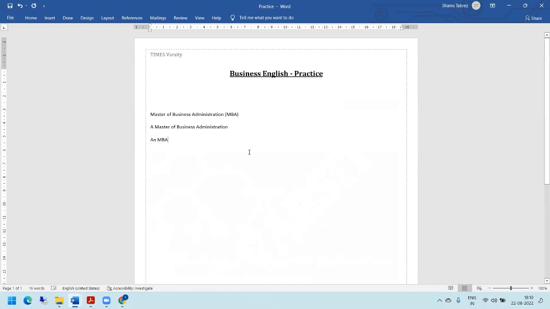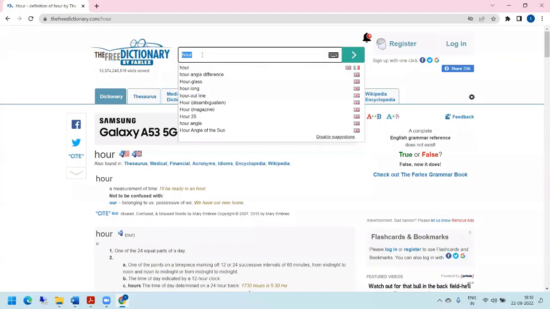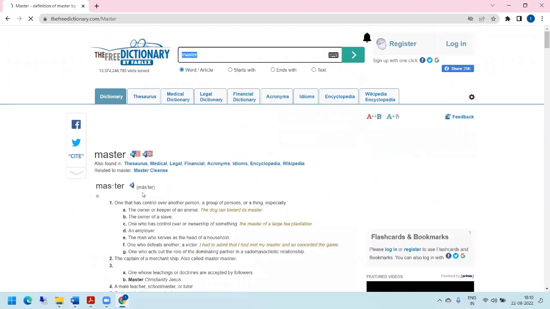So why? Because in master, the consonant sound is coming. But when I use MBA, it is starting with "em". So let's see here. For master, it is starting with the sound "ma".